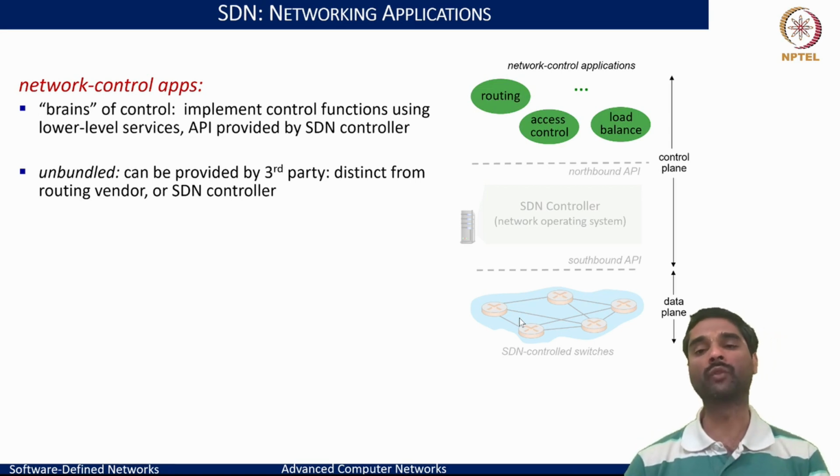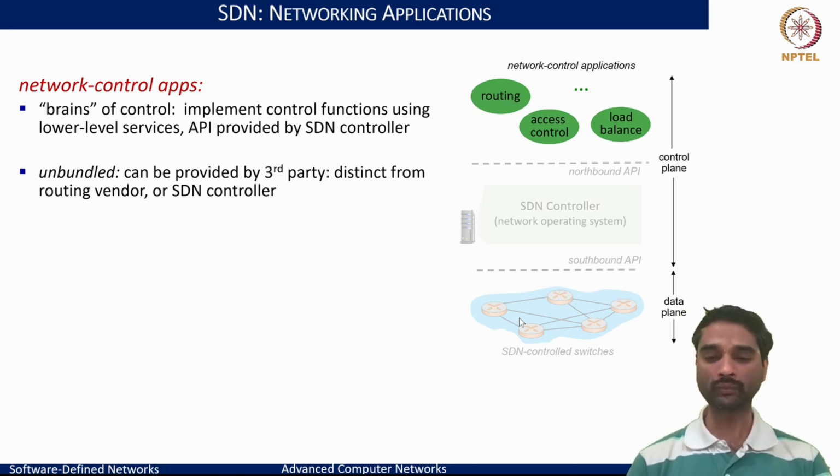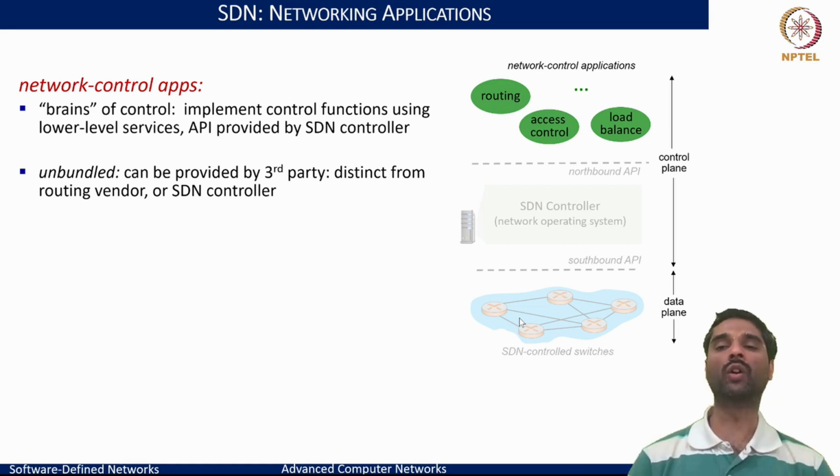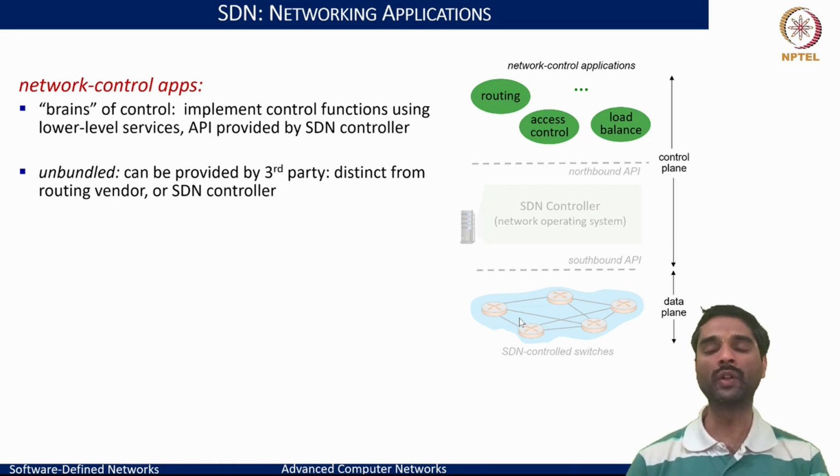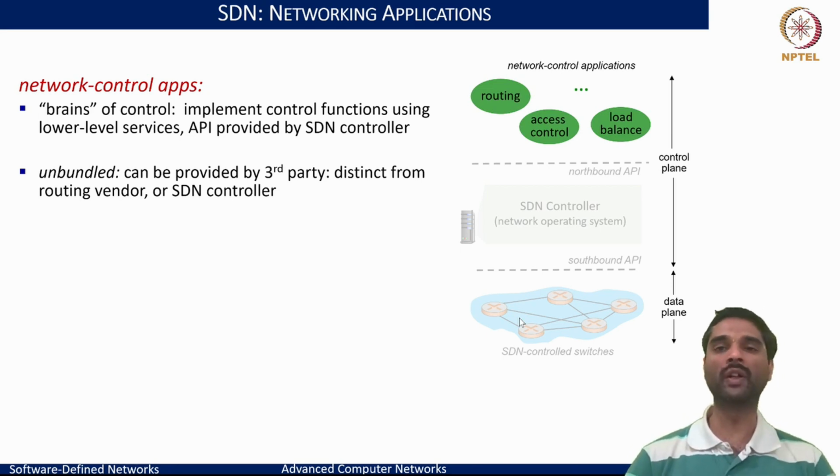Access control, in terms of the data plane or the control plane access controls that you would want to define, what packets need to be allowed, not to be allowed. All of these can be configured through an application of access control. Load balancing, what we spoke about in the earlier session, was not possible with traditional networking.